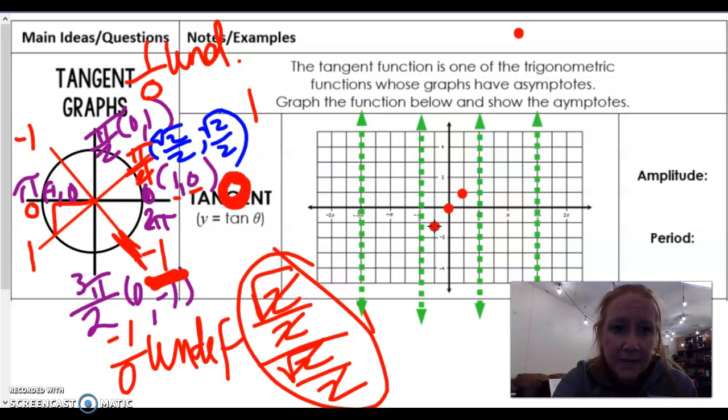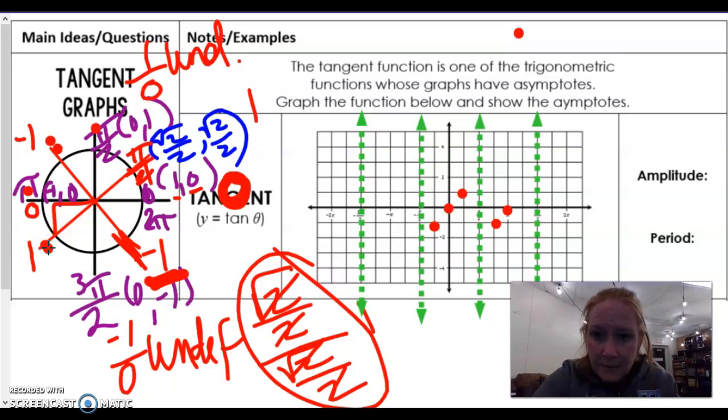Then at pi over 2, there's an asymptote. Then this right here is 3 pi over 4. It's negative 1. At pi, it's 0. Then, that's 1 pi over 2, 2 pi over 2, 3, 4 pi over 2, 5 pi over 2. No, 5 pi over 4. Those are pi over 4's. It's right here. Do you see there's a little pattern?